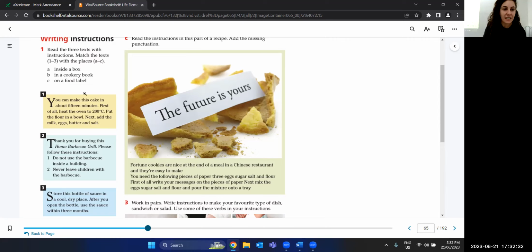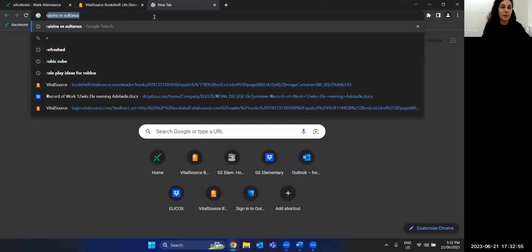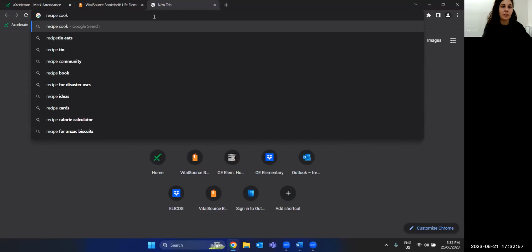So this text or writing, same word, text, writing, where would I find it? Inside a box, in a cookbook, or on a food label? B, in a cookbook. Yeah, so this is what a recipe or cookbook.